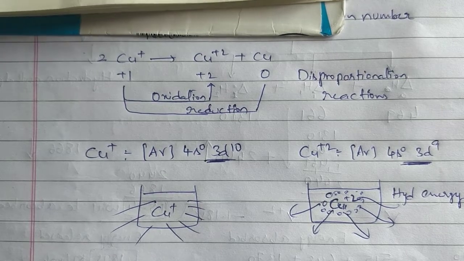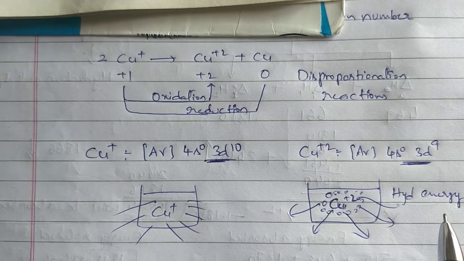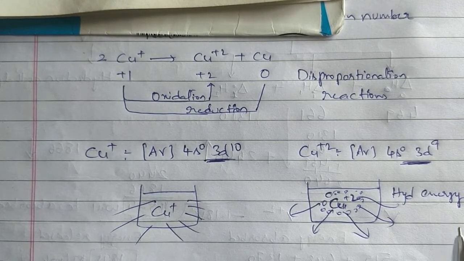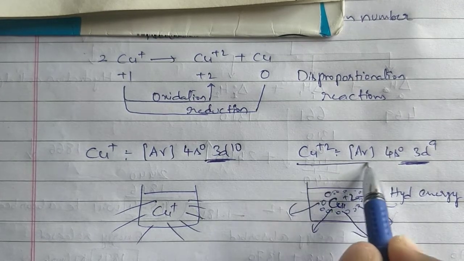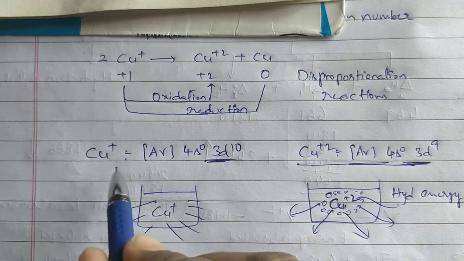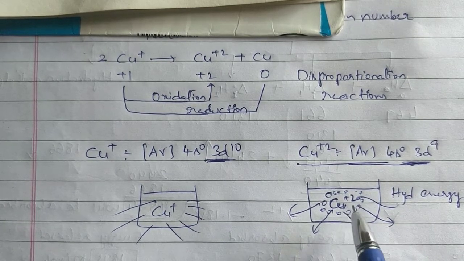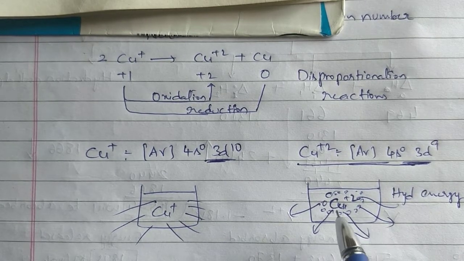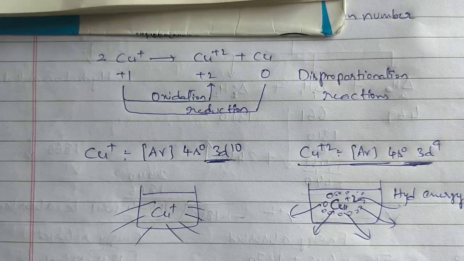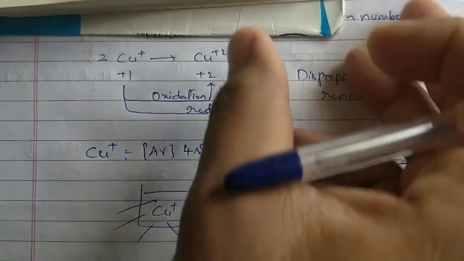Definitely we can expect the question: why is Cu2+ more stable when compared to Cu+, even though it has an unstable configuration when compared to Cu+? Because in aqueous solution, Cu2+ will be surrounded by more water molecules. Because of that, a high amount of hydration energy will be released.